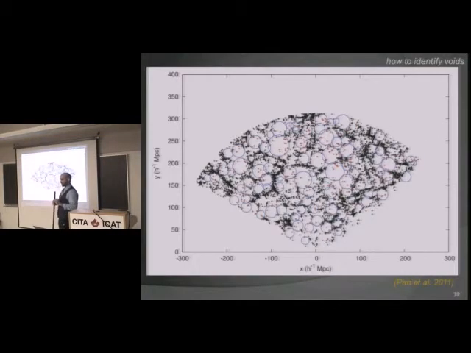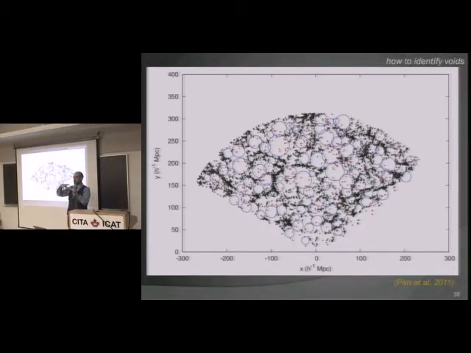A more sophisticated technique relies on building spherical underdensities. This is analogous to building spherical overdensities to identify bound structures in the universe. Here you just grow spheres until they're big enough that they contain a certain density threshold, and that's your underdense region of the universe.